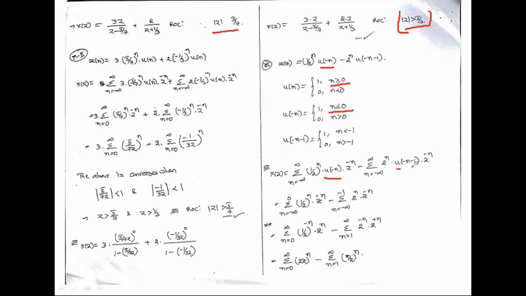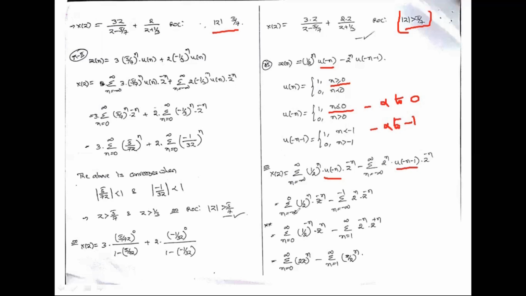Keep these two functions as they are, change the limits. u of minus n has limits n less than or equal to 0, that is minus infinity to 0. And u of minus n minus 1 is 1 for n less than minus 1, that is minus infinity to minus 1.